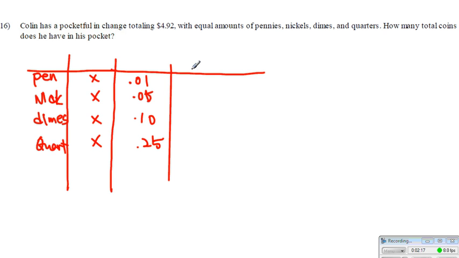And then when you try to find the amount, we just have to multiply them, which is 0.01x, 0.05x, next one is 0.1x, the last one is 0.25x. When you add them up, we end up getting 0.41x.